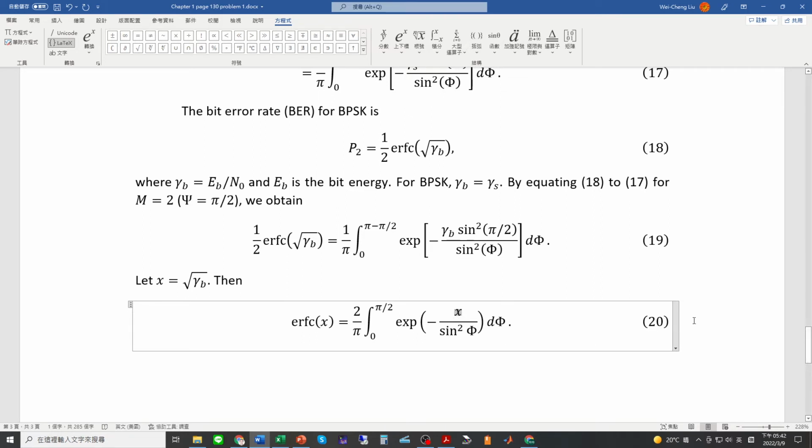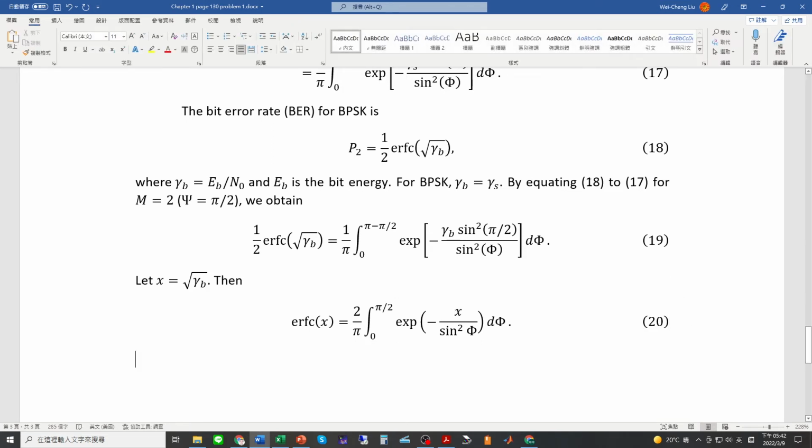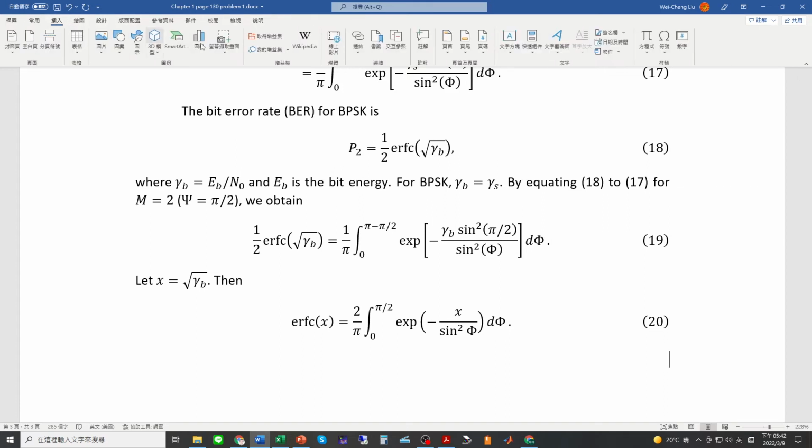We call this equation 20. So this concludes our solution. We place a black square here. Do you have any questions?